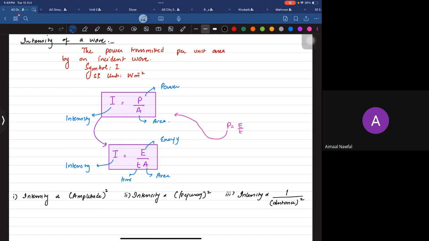If the frequency increases by 2, the intensity is going to increase by 4 times. And if the distance increases by 2, then intensity reduces by 4 times because there is an inverse relationship.